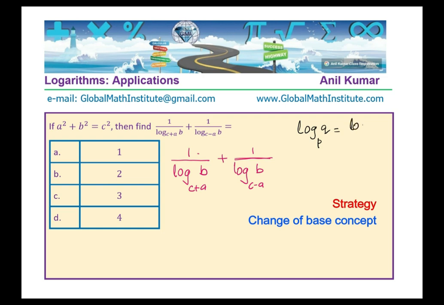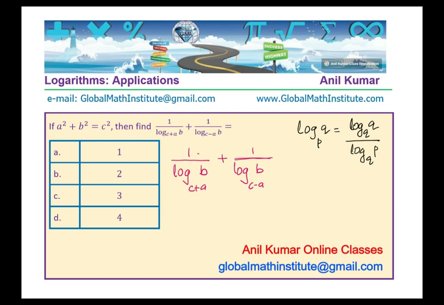So it becomes log of q over log of p to the base q. So change of base to one of our arguments, which in this case was q. So log of q is 1, right? And so we get here log of q to the base p. Do you see one thing? We have a reciprocal kind of identity here. Now this is a very useful identity which, if you apply, you can answer this question within a minute.